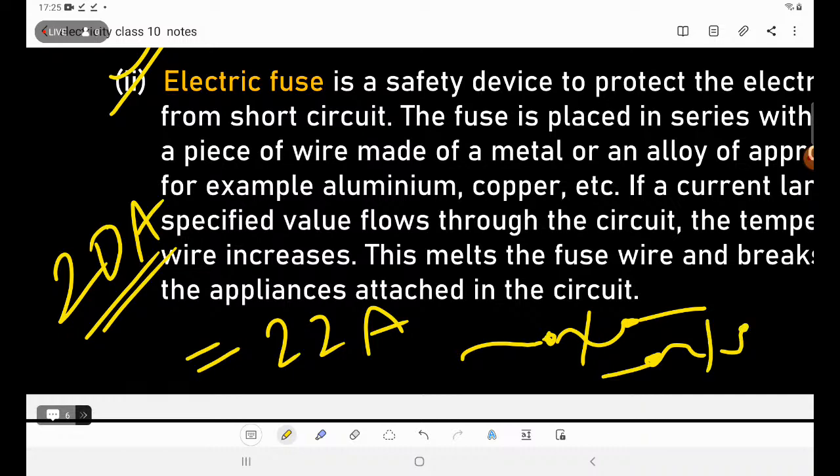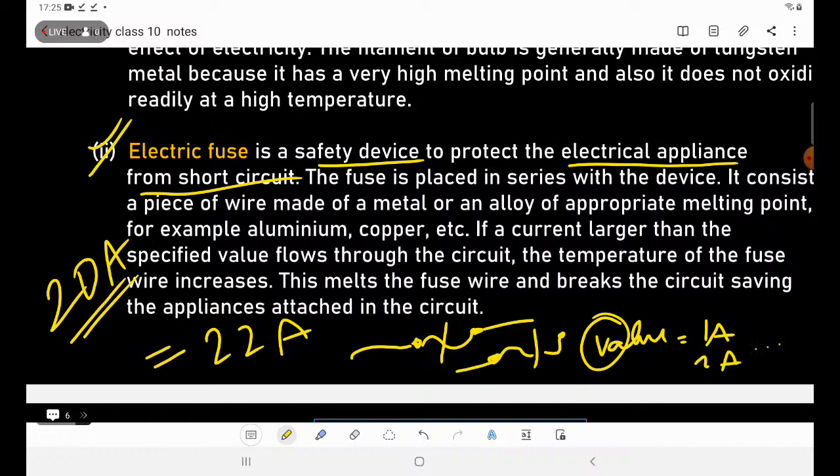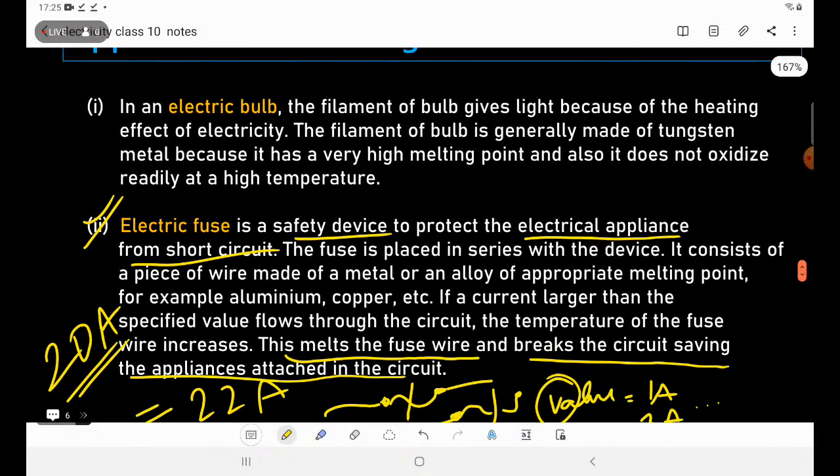So this is a helpful safety device that protects the electric appliance from short circuit. It will have a specific value like 1 ampere, 2 ampere and many more. So this melts the fuse wire and breaks the circuit, saving the appliances attached to the circuit, as I have already told you.